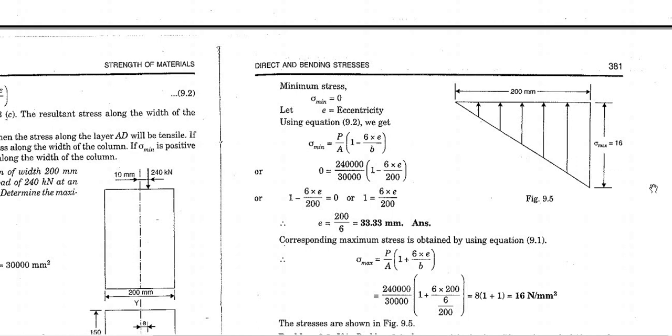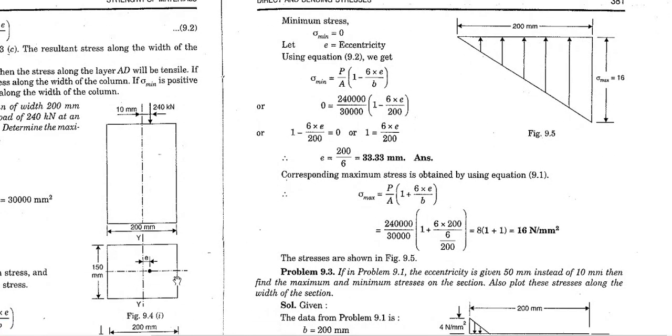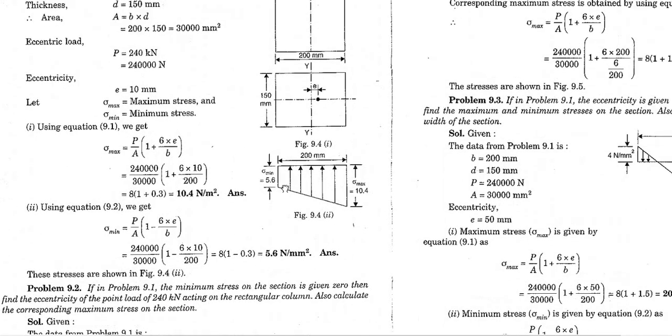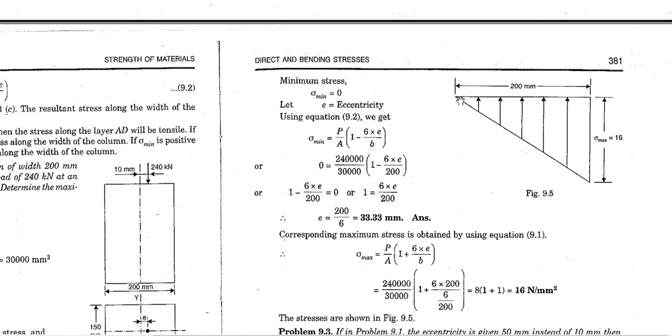Let's come into this place. So we want this side of the column to feel the maximum stress, which is 16, right? If we add this value, we would get 16 and this one would be 0. So if you put the value here, just in the place of sigma minimum, to get the value of eccentricity, put the value 0, because here the known factor is sigma minimum 0 and the other data are given where we have to find the eccentricity.